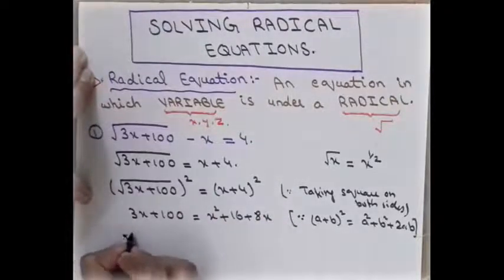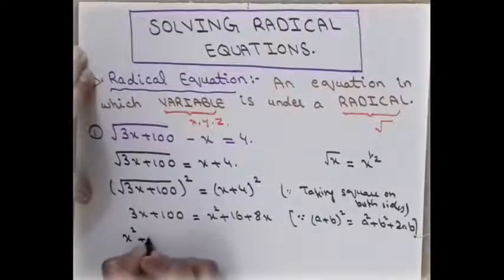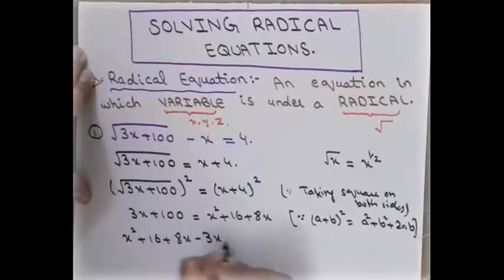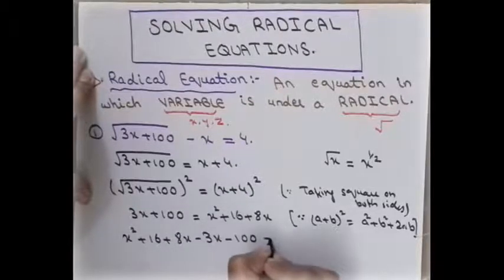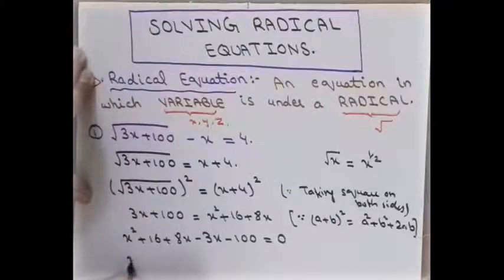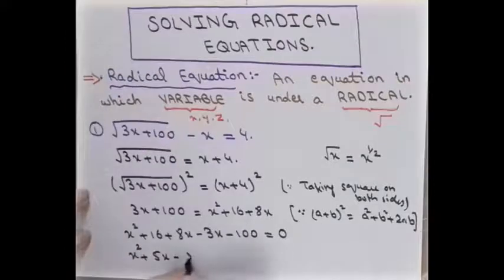So we can write x squared plus 16 plus 8x minus 3x minus 100 equals 0. Now we simplify: x squared plus 5x minus 84 equals 0.